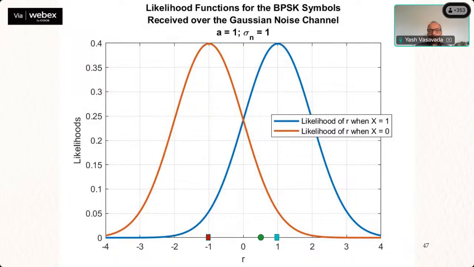Now, suppose I slide this green circle toward the left. Initially, as I slide the green circle, the ML detector will still keep on saying that x is equal to 1. At what point will the receiver say that x is equal to 0?